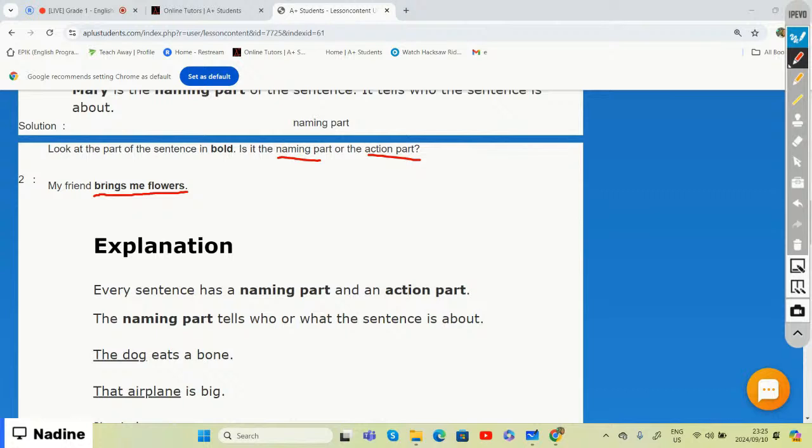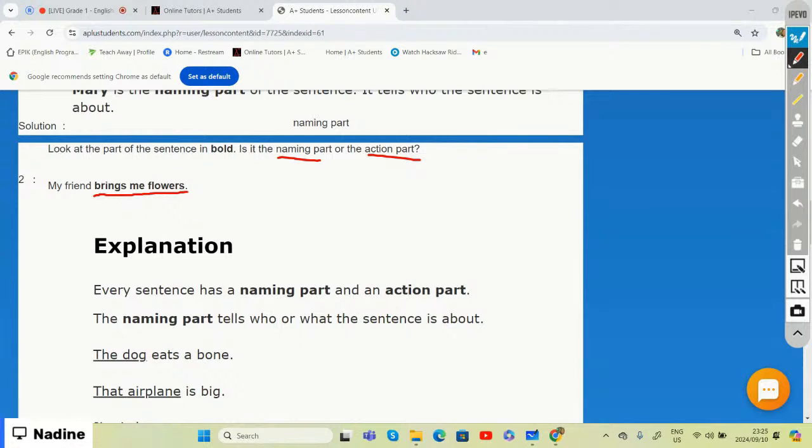And if we were to say if that is either a naming part or an action part of a sentence, then we're going to look at this: brings me flowers. Who is bringing you flowers? My friend, right? But now, brings me flowers.